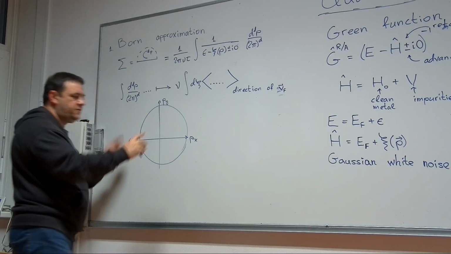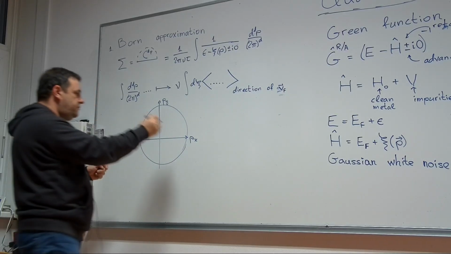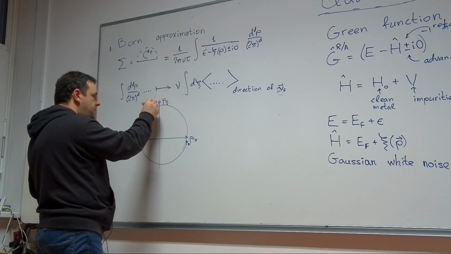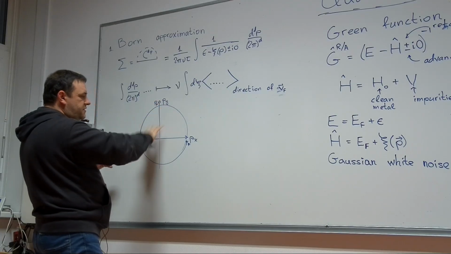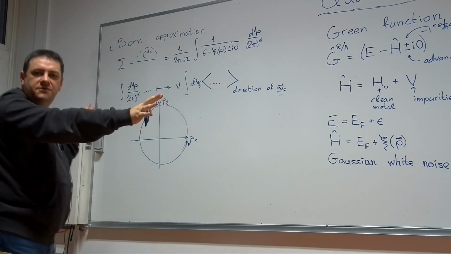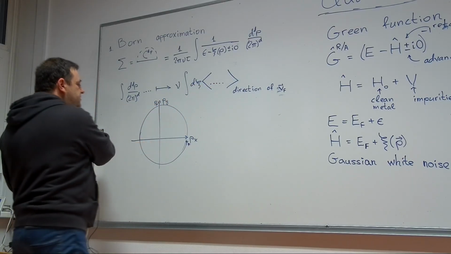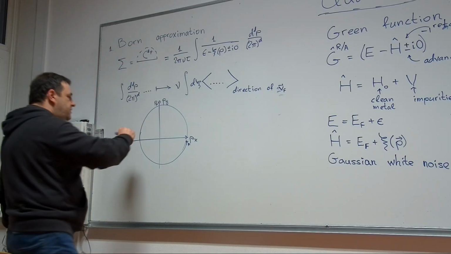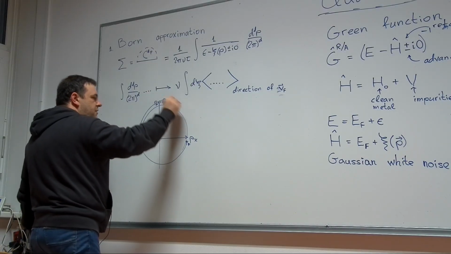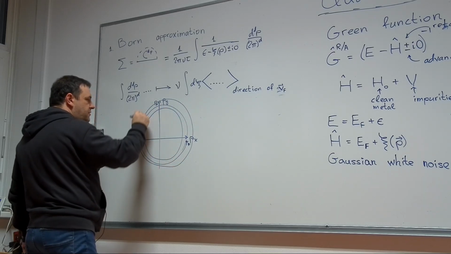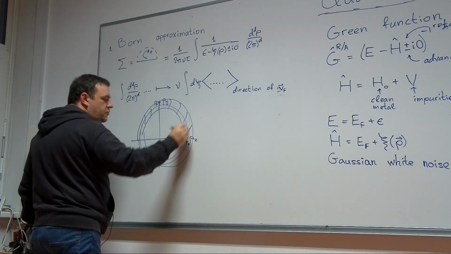It's a circle with a radius p_F. All states inside are filled with momenta inside are filled, all states outside are empty. So instead of integration over the whole p_x and the whole p_y, we integrate only in some narrow strip around it. We take the integral only in this strip.